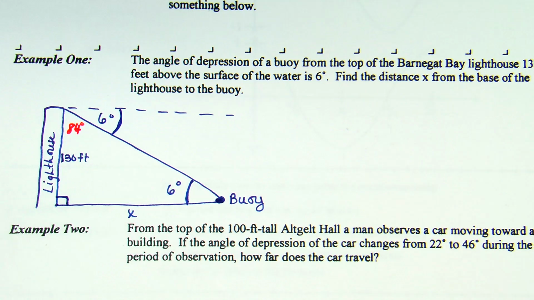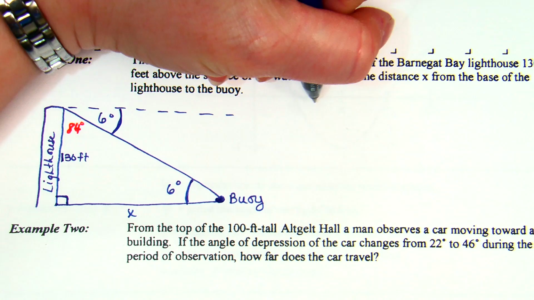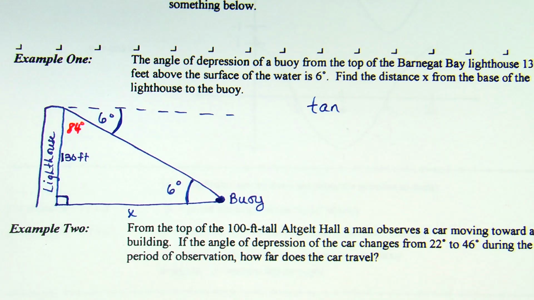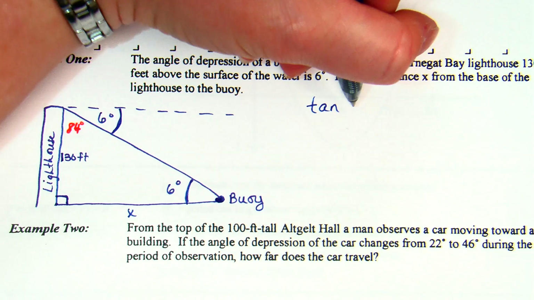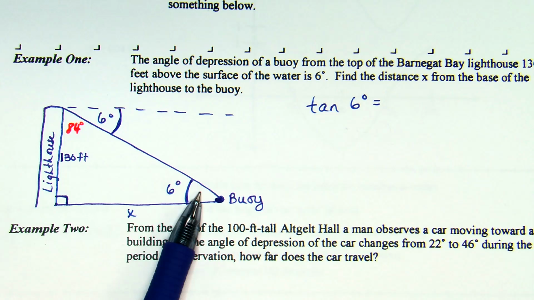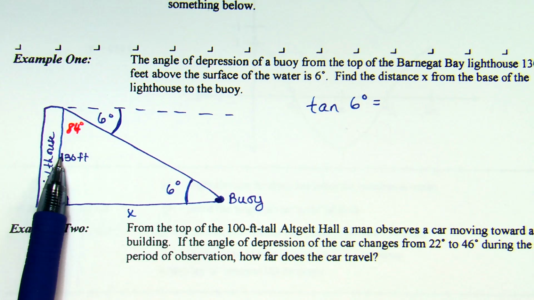Okay. My brain tends to go tangent. Tangent of what? What do you want to do here? If we use this angle, tangent of 6 degrees. Tangent of 6 degrees is what? 130 over x.